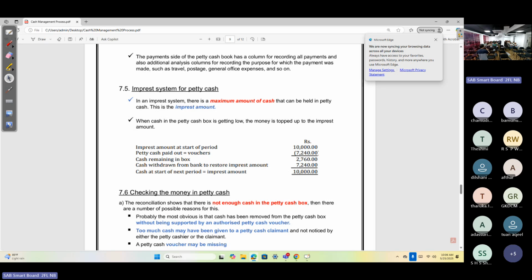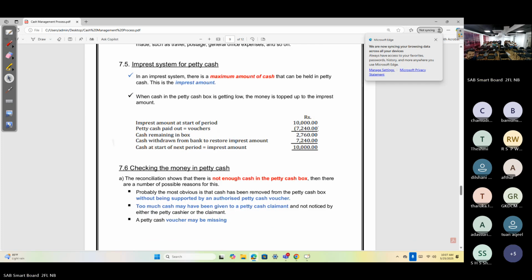That maximum amount is called the imprest amount. In this example, the imprest amount at the start of the period is 10,000, and 7,240 he has spent. So 2,760 is the remaining balance. How much he has spent, he can reimburse from the accountant. This is called the imprest system.